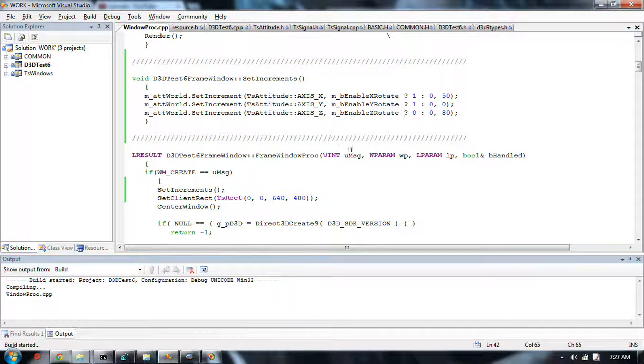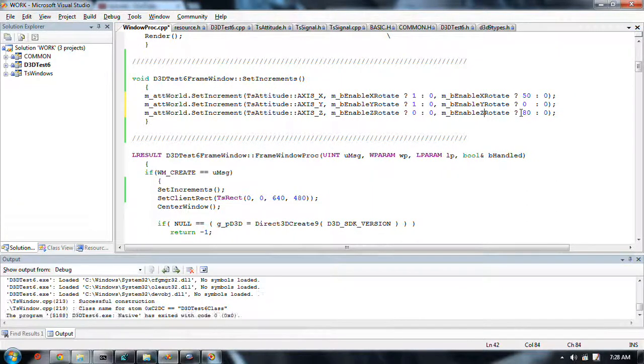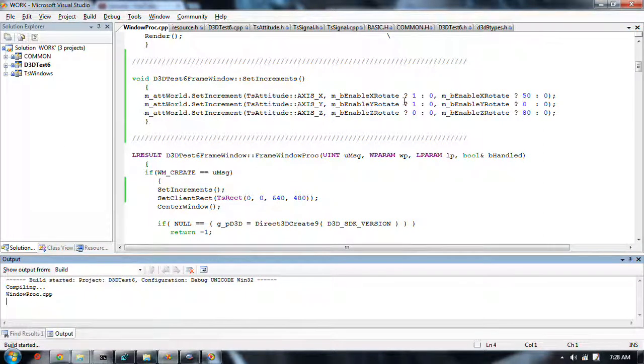Oh, that's got to apply to both. I haven't done this with a lot of thought as to finding a good mechanism for specifying these things. Is that right? Y, Z, X.